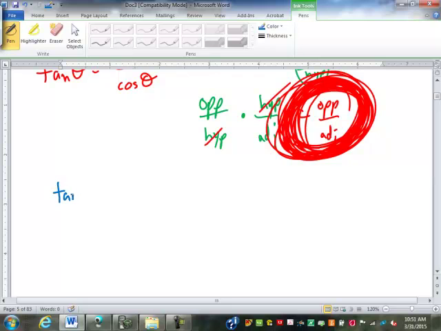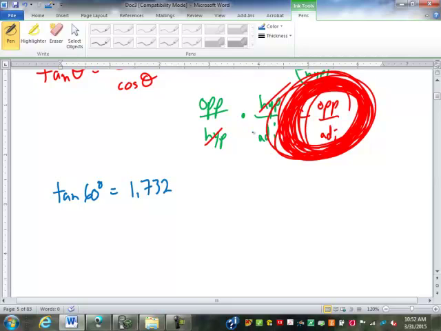What is the tangent of 60 degrees? Let me know when you get to it. Did you get it?